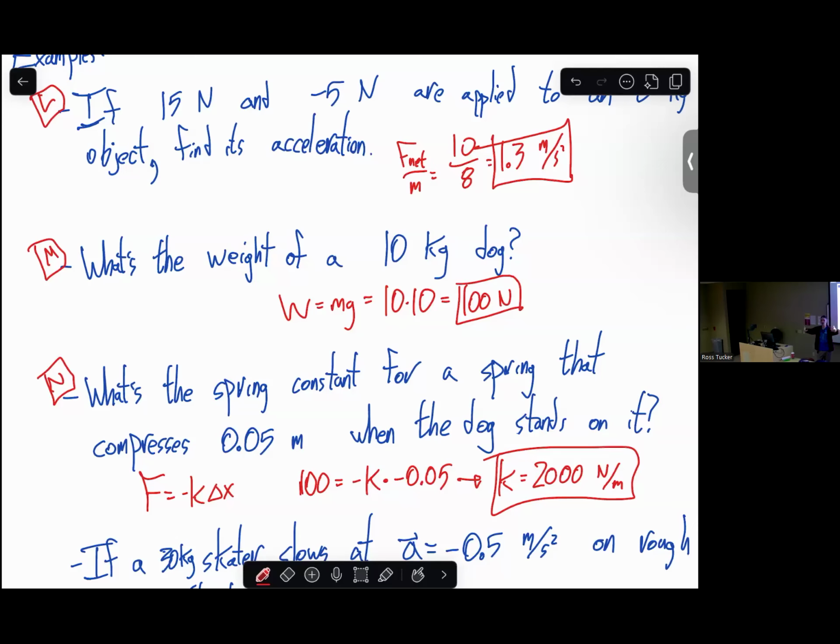The force has the opposite sign of the compression or expansion. If you expand a spring, if its delta x is a positive number, the direction of the force is the opposite, the negative direction. That's how I internalize the negative sign in negative k delta x.